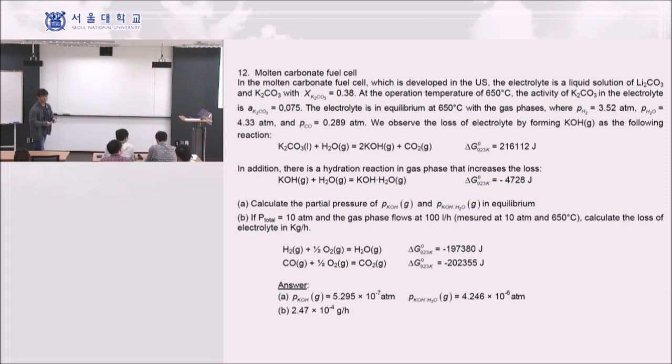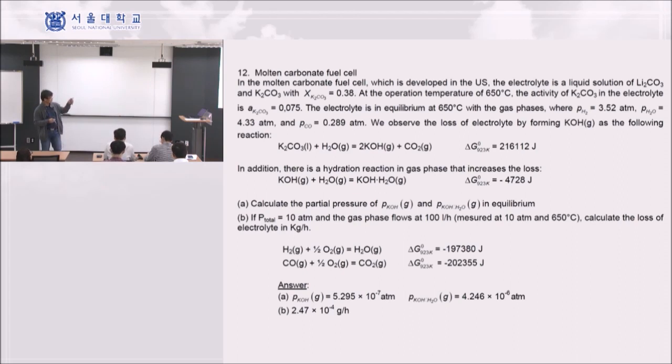There are many different kinds of fuel cells and batteries. The two most well-known are the molten carbonate fuel cell, MCFC, and the solid oxide fuel cell, SOFC. So far, MCFC is really commercialized. Even SOFC is not very well commercialized so far.